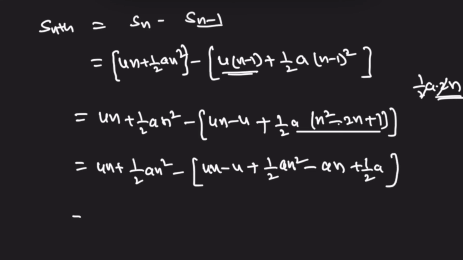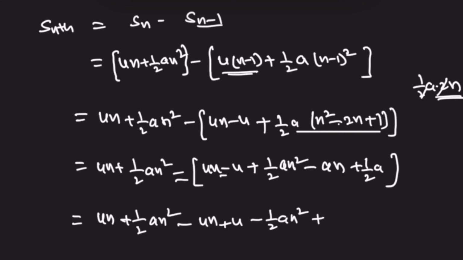Again, un plus half an square, multiply with the minus terms in the bracket: minus un, minus of minus plus u, minus half an square, minus an into minus plus an, minus half a. So half a n square cancels, un cancels.